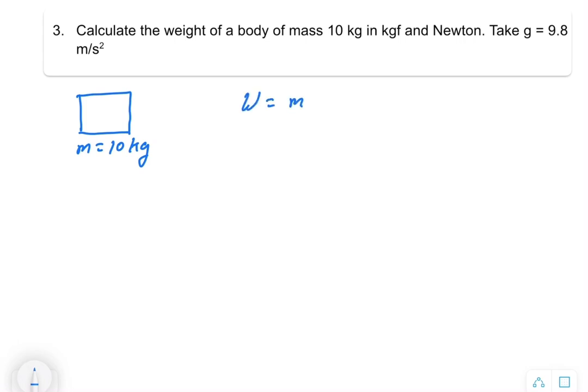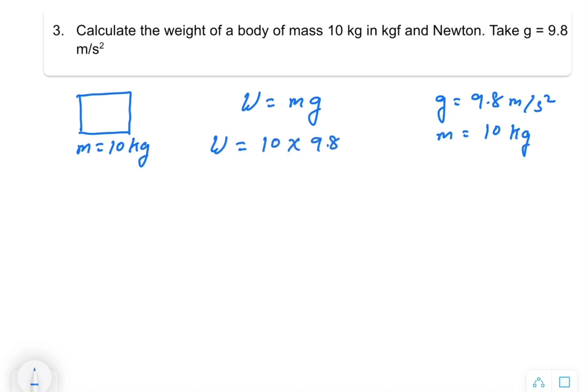Weight is the product of mass and acceleration due to gravity. g is 9.8 meters per second square and mass is 10 kilograms. Let us substitute these values. Weight will be equal to 10 kilograms multiplied by 9.8 meters per second square. W will be equal to 98 newtons.